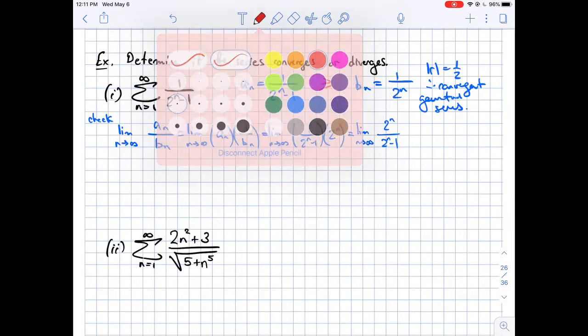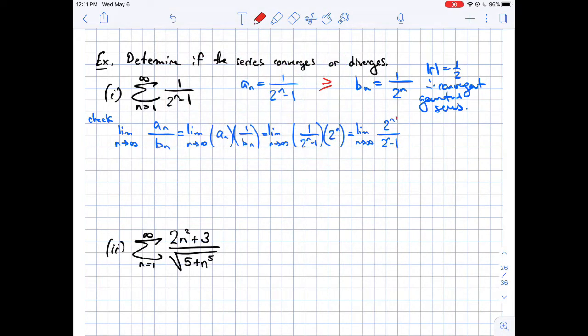And it should come as no surprise what's happening. We end up with infinity in the numerator and infinity in the denominator. So we have an indeterminate form, but this is why earlier we were talking about L'Hopital's rule. What I want to do now is compare these rates of growth. I want to compare which one actually goes to infinity faster.